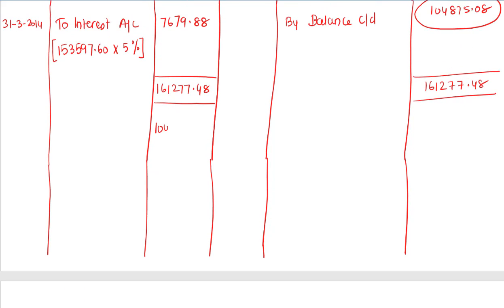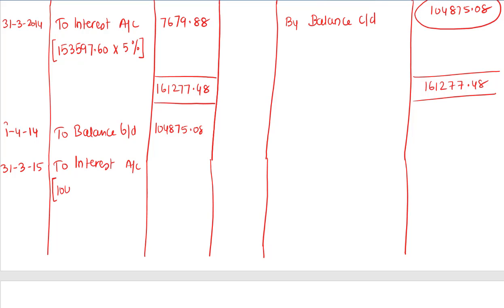Opening balance 104,875.08. So to balance brought down. Opening date 1st April 2014. On closing date 31st March 2015, we need to charge interest on this amount at the rate of 5%.